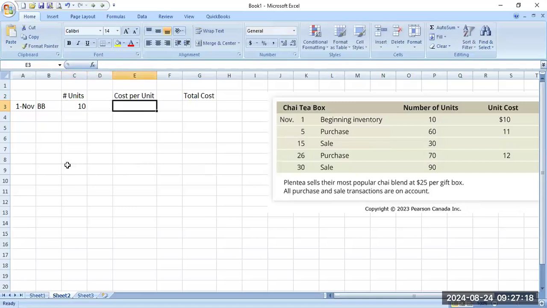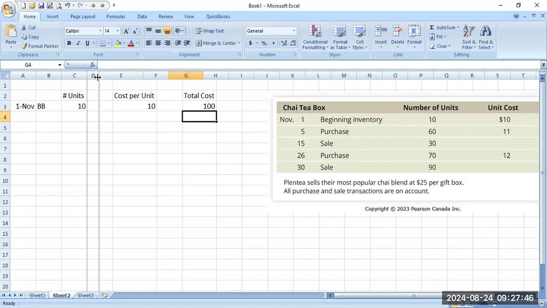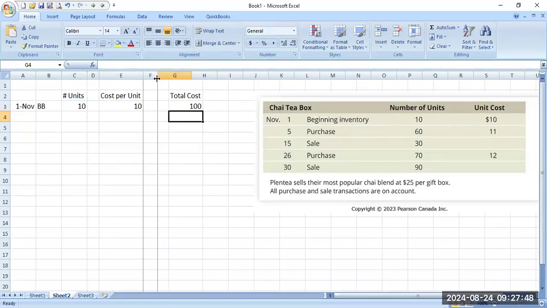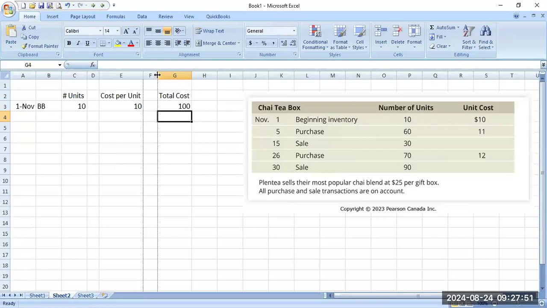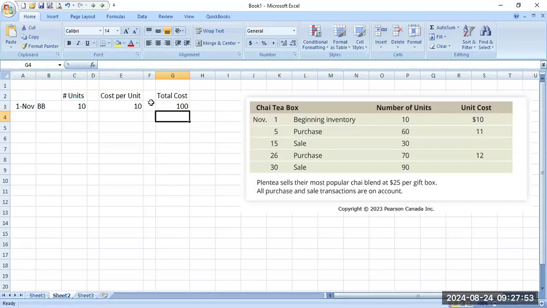Cost per unit is $10. So the total cost, obviously, is going to be 10 times 10, which is $100. That's our beginning balance starting point for our inventory. We have 10 units, the cost for those 10 units is $10, and total cost for our beginning balance of the inventory is $100.